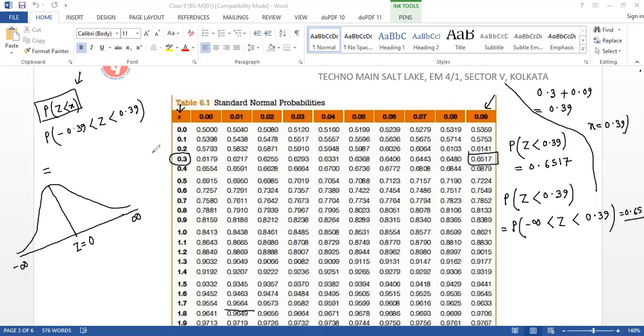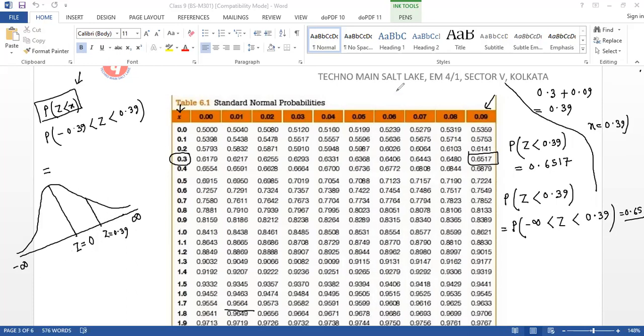Now my upper limit is 0.39, so I can roughly consider a point Z equal to 0.39 over here. Suppose this is my 0.39.